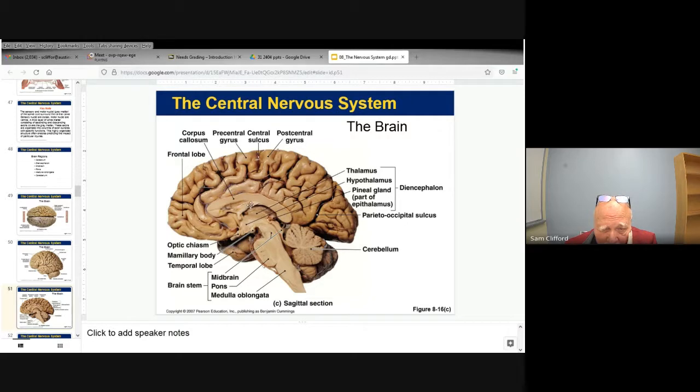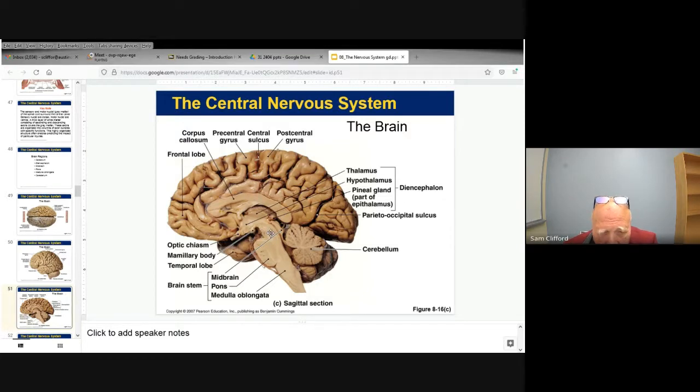Then you're moving into the thalamus and the hypothalamus, which make up the diencephalon. The thalamus serves as a relay point for information to come through the ascending tracts up into the cerebral hemispheres and to send information out.